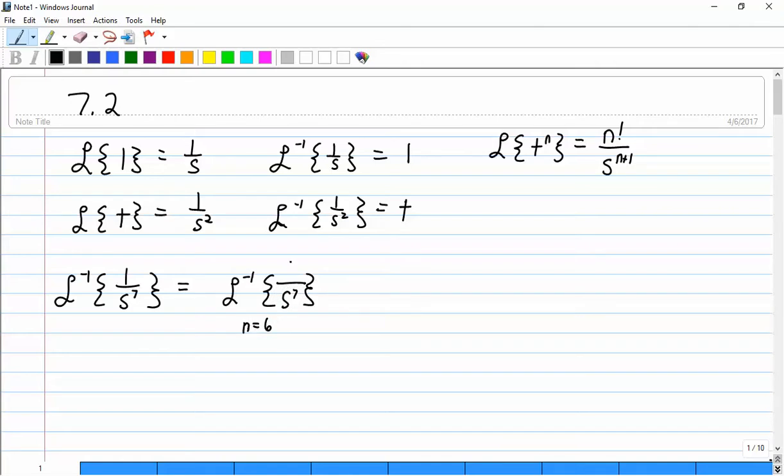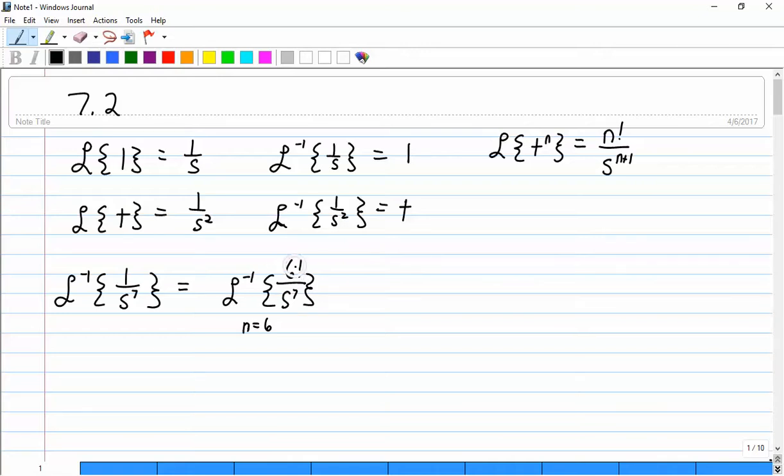So if I was taking the Laplace transform of something and getting s to the 7th, most of the time, if we're working a real simple Laplace transform like t to the 6th, right? If it was t to the 6th, there'd be a 6 factorial right here.